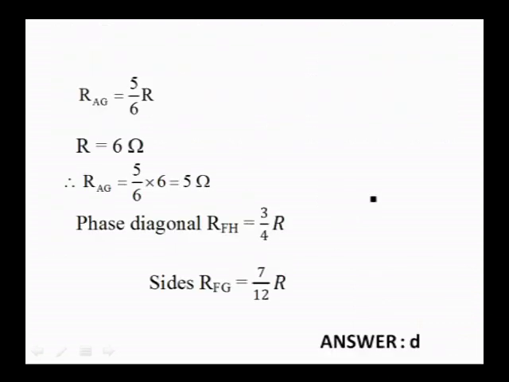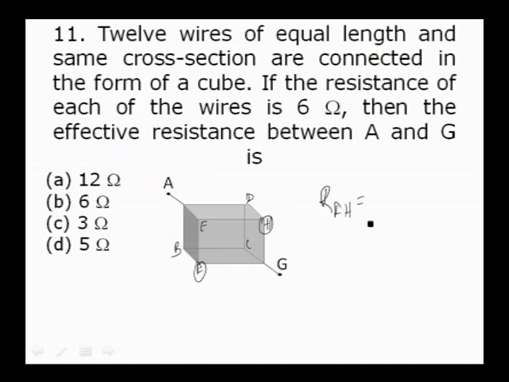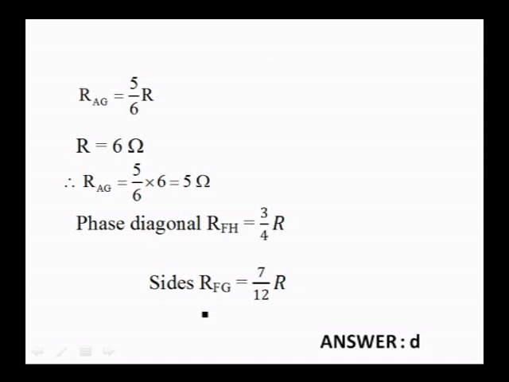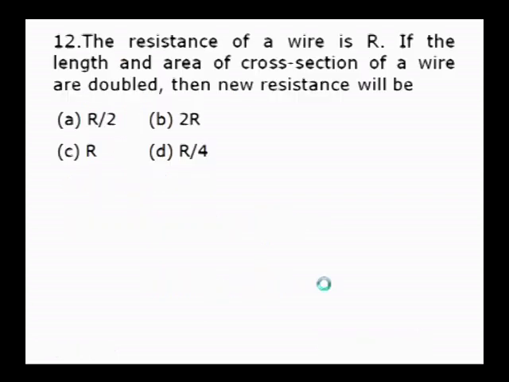For that, resistance is equal to 3 by 4 R, R is the resistance value. Similarly, if you want to calculate the resistance for the side, this is the side, that is R_FG is equal to, we have an effective resistance 7 by 12 R. Okay, this concept you can also use for the other problems.